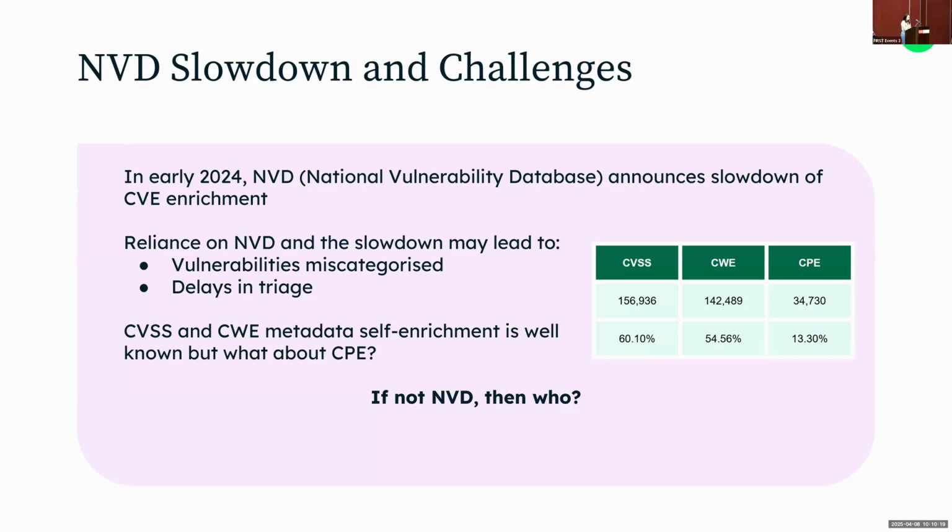But the kicker is that only 13.3% of all CVEs issued contain CPEs. Now, this gap highlights an area of improvement, definitely when it comes to vulnerability enrichment. And so then another question arises, if NVD doesn't do this, then who will?